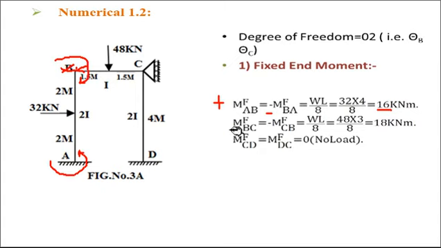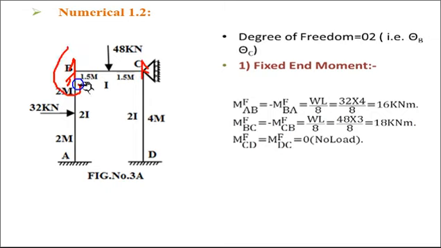Next is horizontal member BC. Consider both ends are fixed, to find out the fixed end moment at each end.